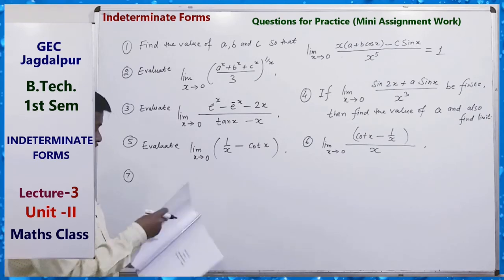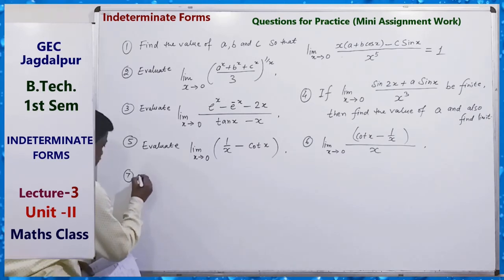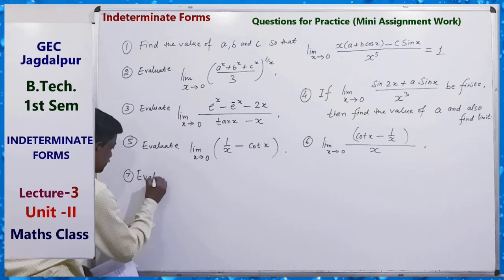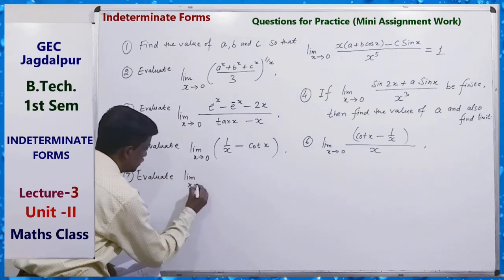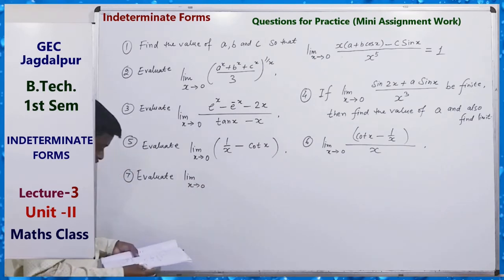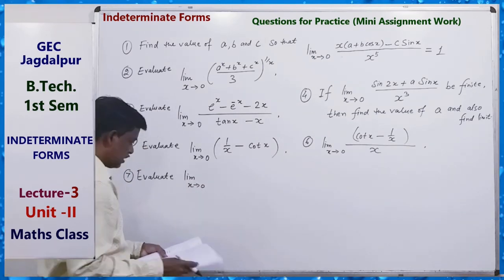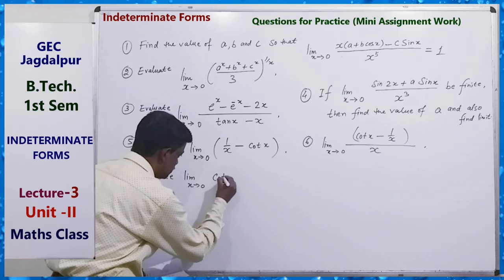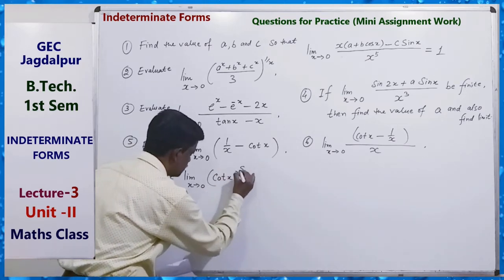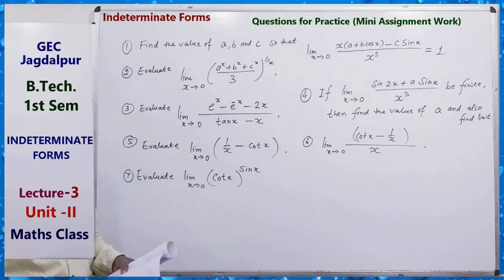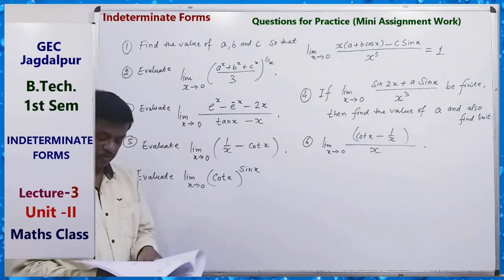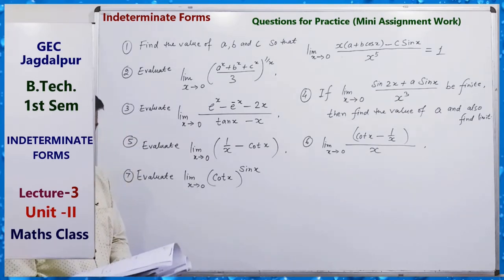Seven, limit as x tending to 0 of (cot x) to the power sin x. This is infinity power 0 form. Just use logarithmic.